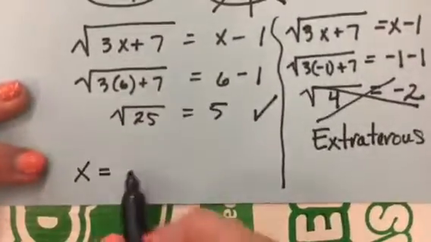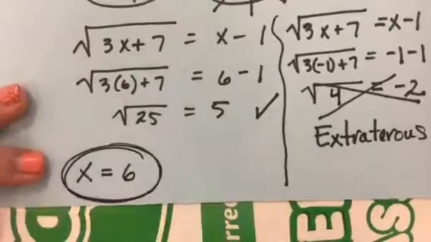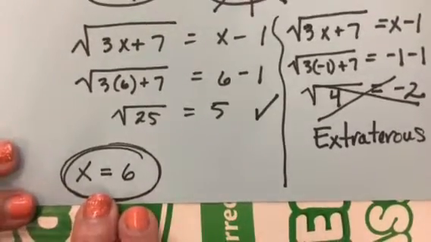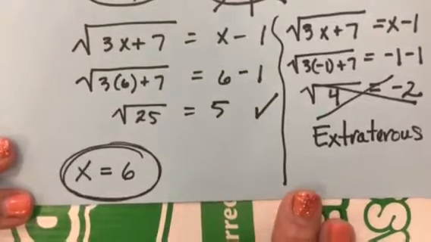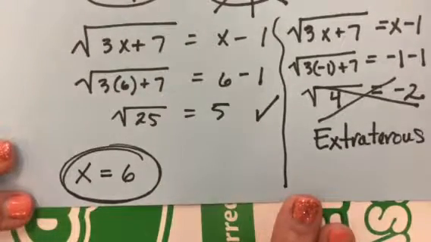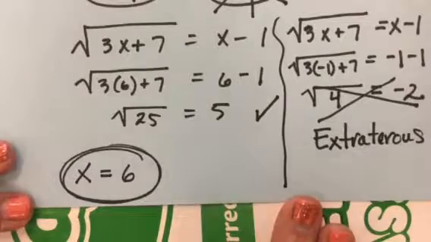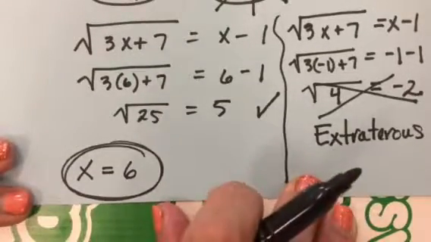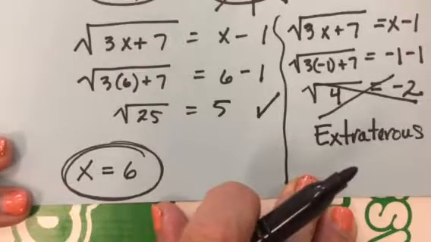X equals 6. So now we know that the solution that works is x equals 6. The other solution, x equal negative 1, is our extraneous solution. So this is KJ out. We'll see you again next time.